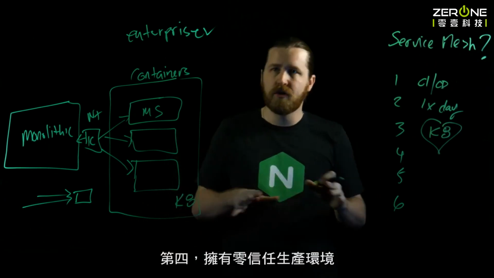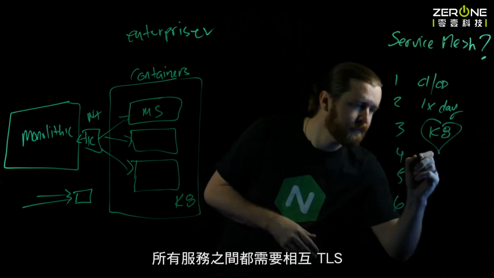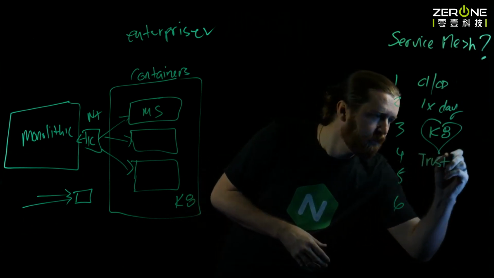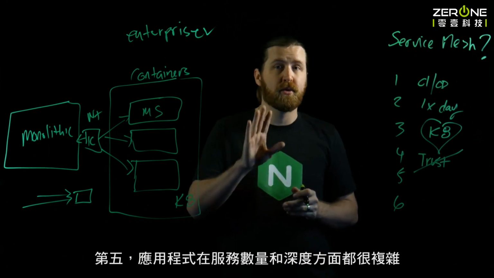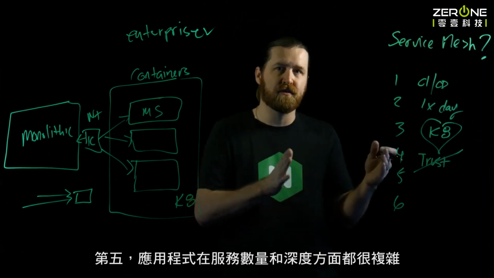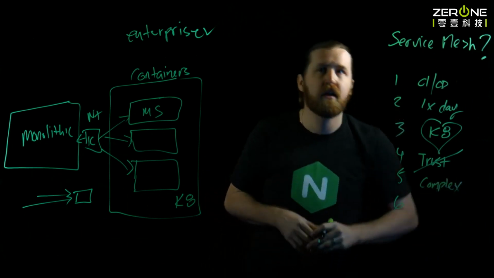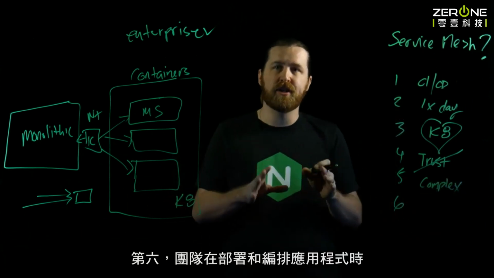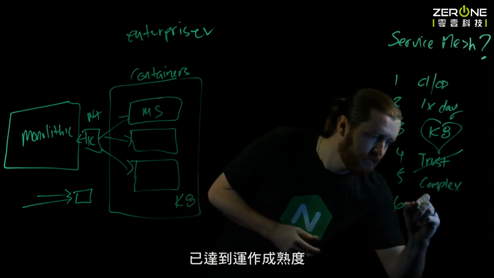Fourth, you have a zero trust production environment and you need mutual TLS between all of your services. Fifth, your application is complex in both number and depth of services. And sixth, your team has reached operational maturity when deploying and orchestrating your applications.